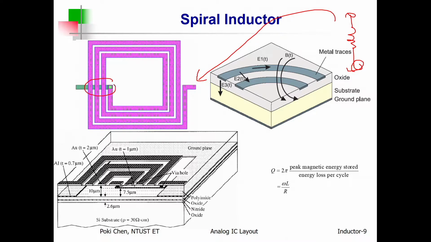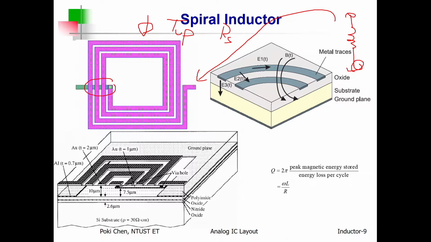You need an underpass connection. Usually, for the main body of the spiral inductor, we use the top metal, because the top metal is the thickest. Then the series resistance RS will be the minimum.